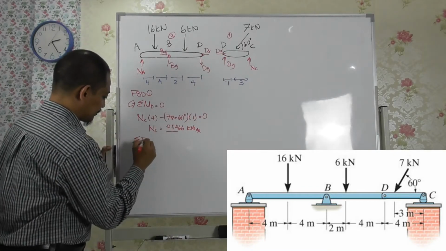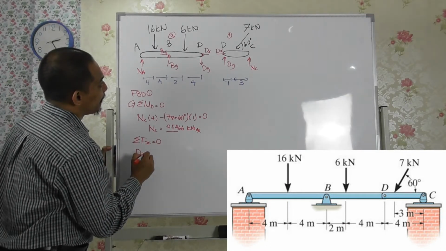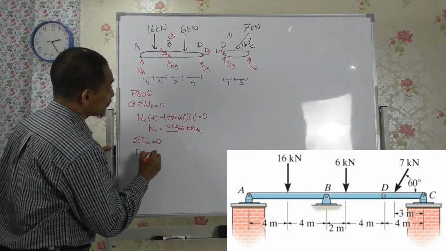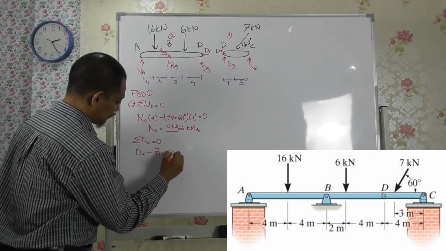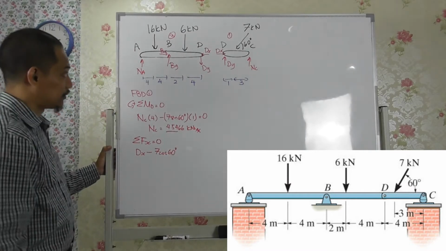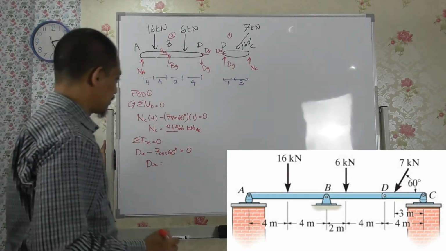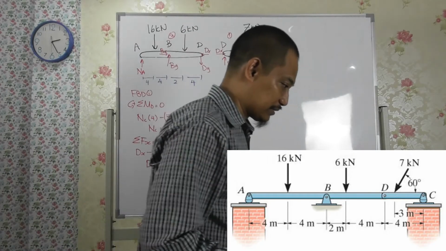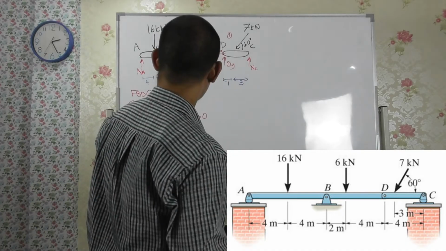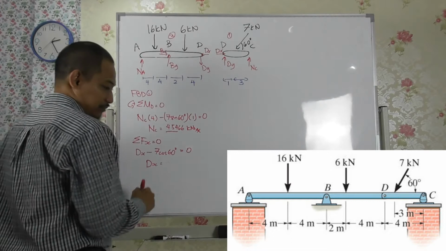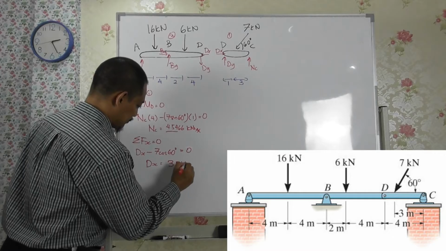For example, summation of Fx equal to 0: you have Dx minus 7 cos 60 degrees equal to 0. So Dx you can calculate straight away as well. You get 3.5 kilonewton. So you get Dx equal to 3.5 kilonewton.